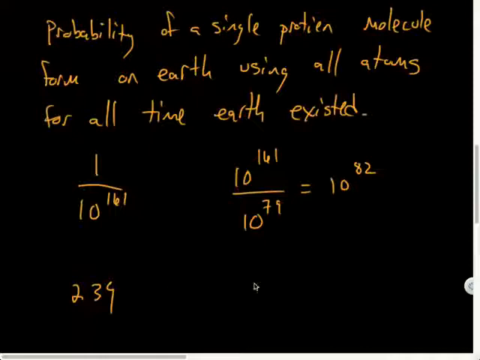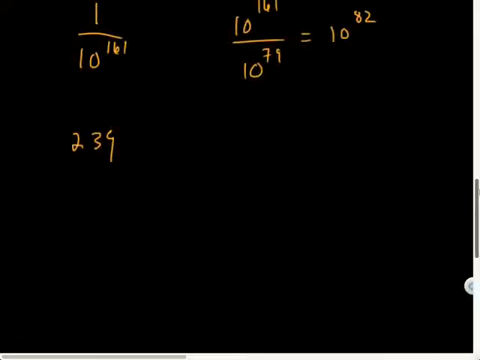So the probability of 239 protein molecules forming on Earth using all of the atoms and the time that Earth has existed, so 239 of the correct ones required for life, not even arranging themselves into the order of life, just existing on the planet, so they'd still have to be close enough to each other that they could somehow form some sort of bacteria, is 1 in, ready, 10 to the 119,879 power.